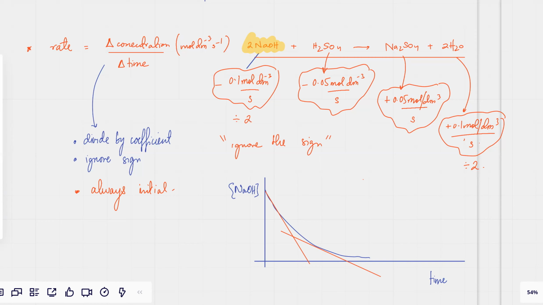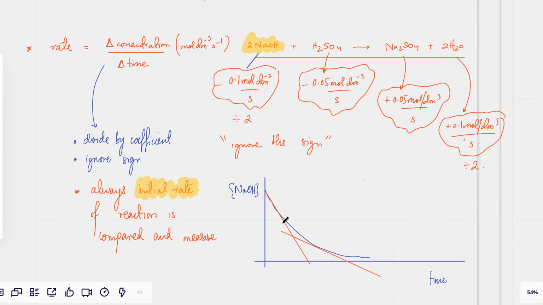So always the initial rate of reaction is compared and measured. It's always going to be a comparison of initial rates.